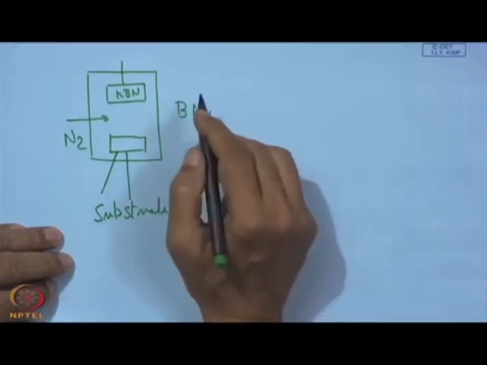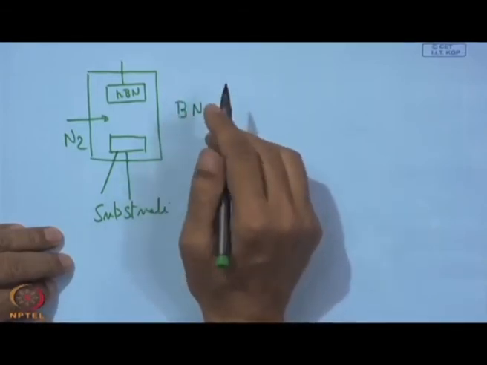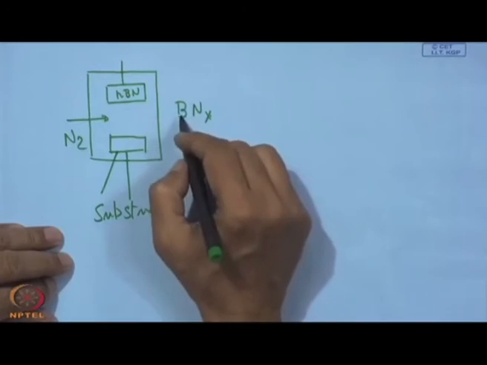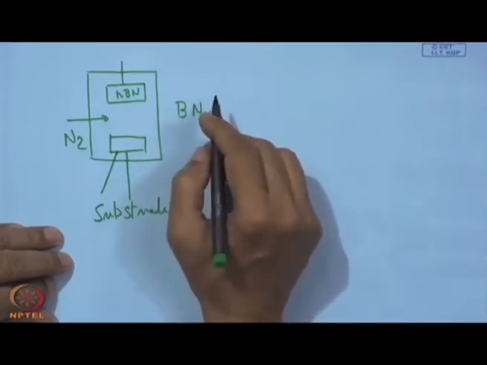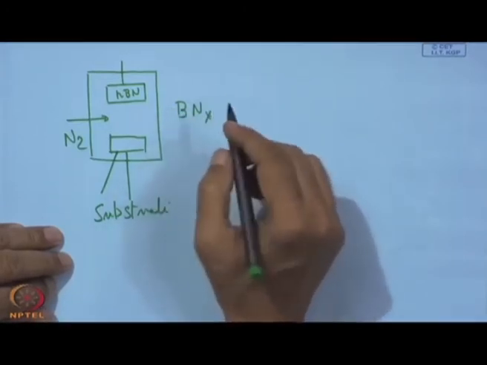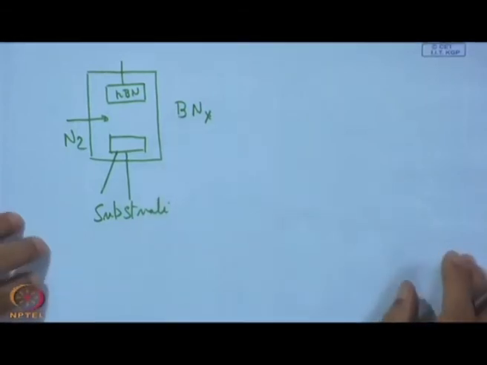So, the problem is that it was not a total conversion, only a partial conversion of this HBN to CBN, and also it is deficient in nitrogen.